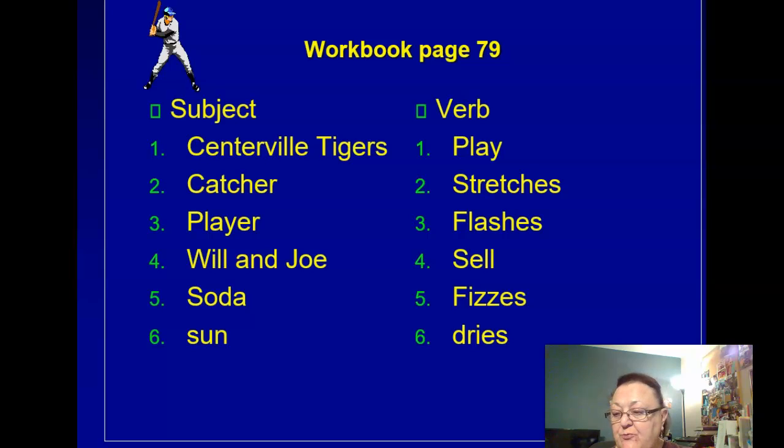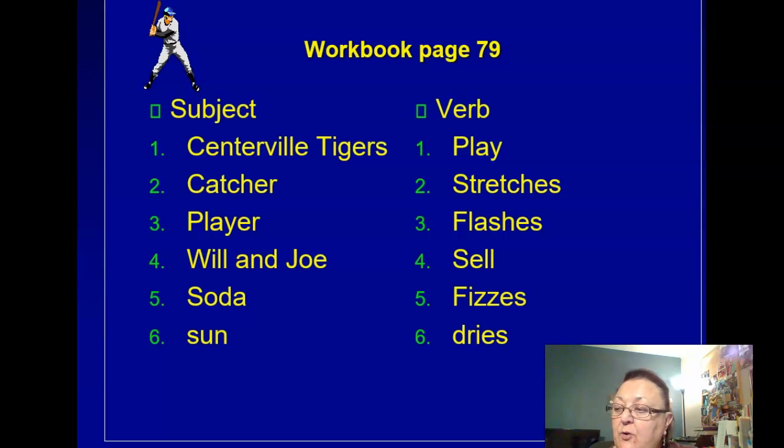What I want you to do now is look at page 80 and complete page 80 on your own. Then you can come back and score this later. So 1 through 8, you are finding the subject, underlining it once.